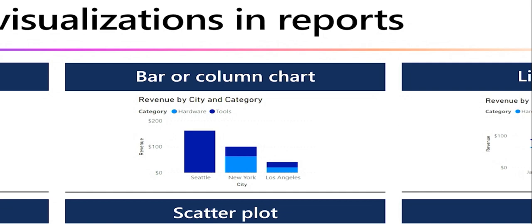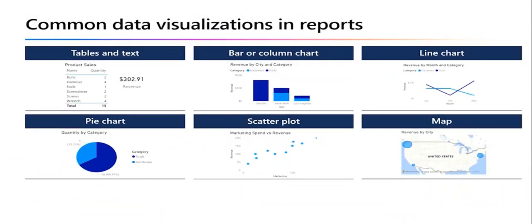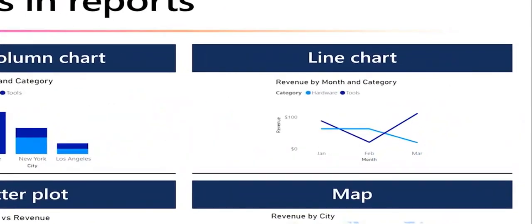These are a good way to visually compare numerical values for discrete categories. Then you have your line charts, which can also be used to compare categorized values and are useful when you need to examine any trends, often over time.